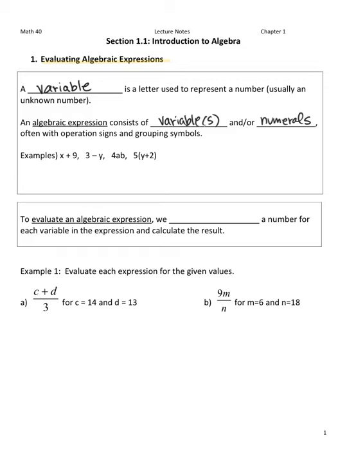For example, x plus 9 contains the variable x and the number 9. And we call this a constant because the value does not really change. And we have the operation of addition.